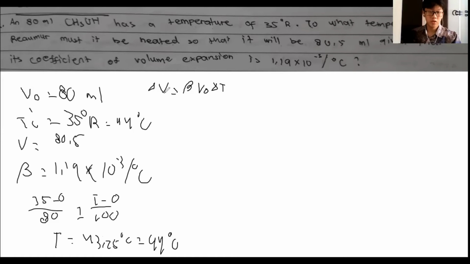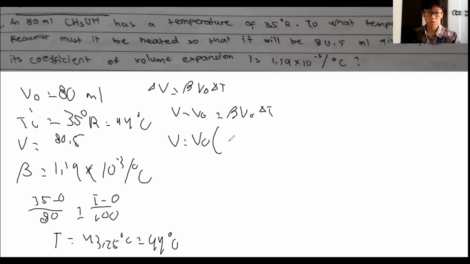So here delta V, this means that it is the difference between the final volume minus initial volume. So we're trying to find the equation for delta T here. So we transfer initial volume.